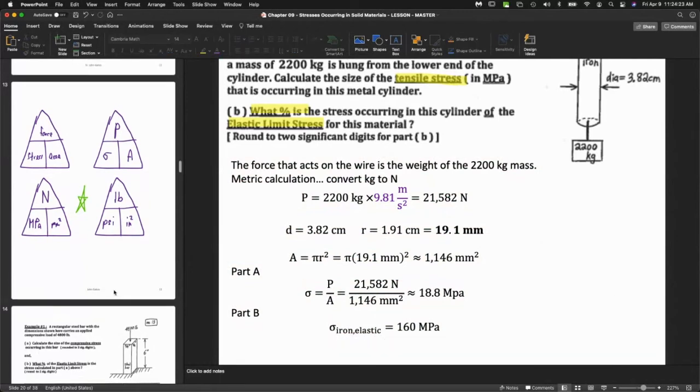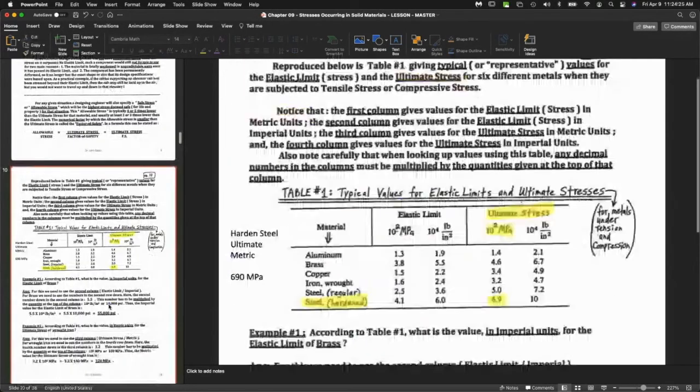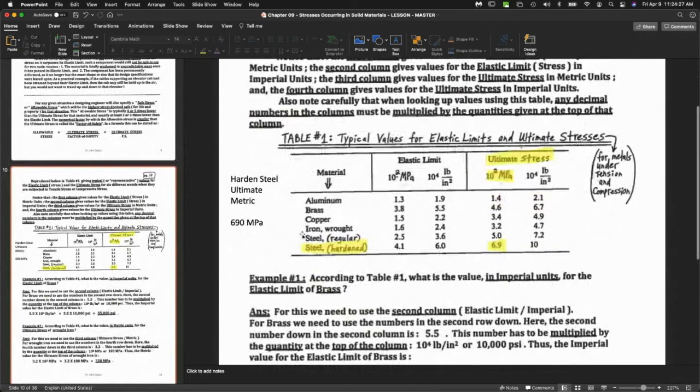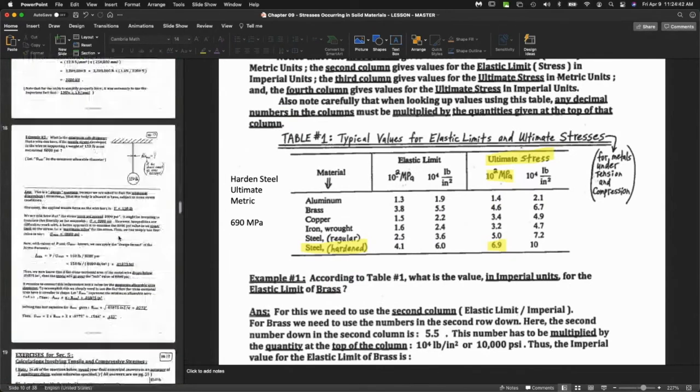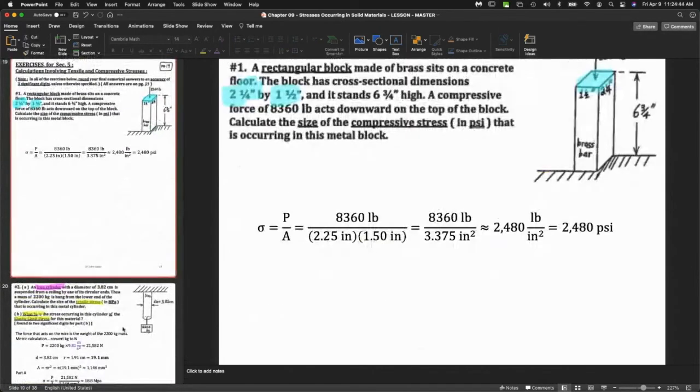Elastic limit of iron, metric. Here's the table. The number is 1.6. See where my cursor is, the cross there? It's 1.6 times 10 to the 2. So 160.